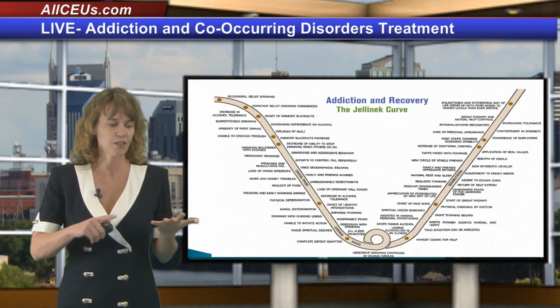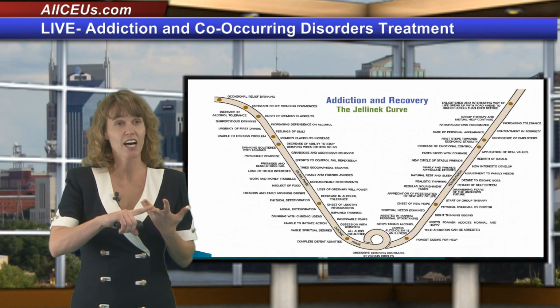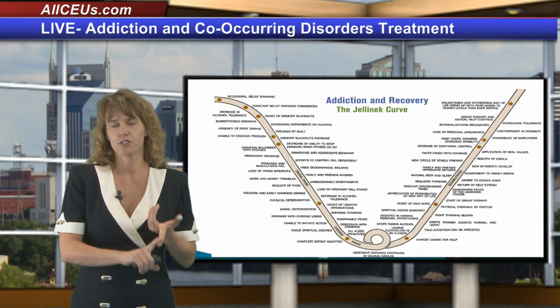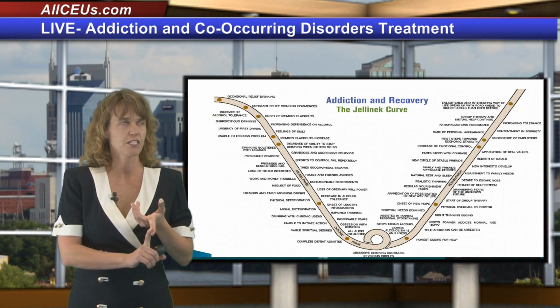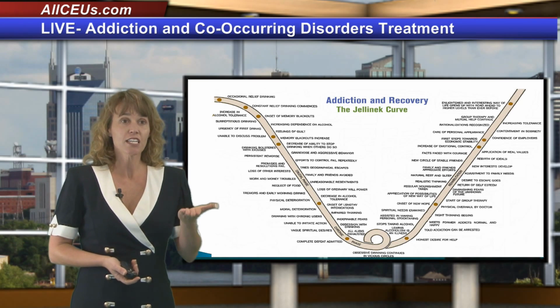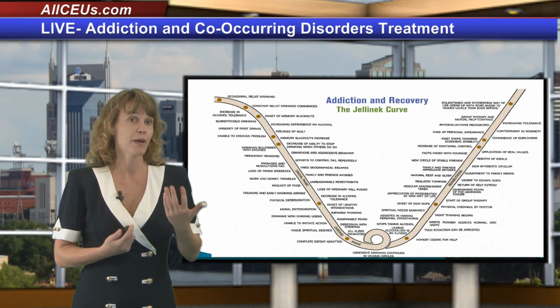So with pain, we've got progressive muscular relaxation. We've got massage. We've got hydrotherapy. We've got transcutaneous electronic nerve stimulation, TENS units. There are a lot of different non-chemical ways to help people deal with pain.